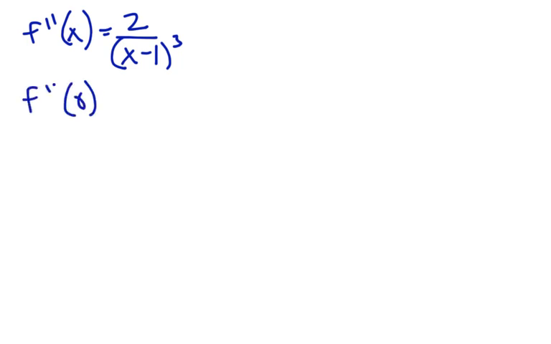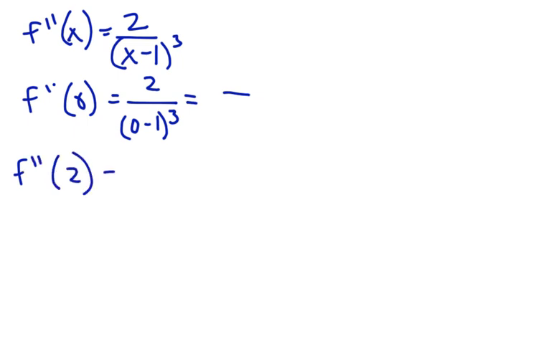So here's my second derivative, 2 over x minus 1 cubed, and I'm going to sub in my 0, which, again, I don't really care about the number itself, but that is going to come out to a negative. And then I want the second derivative at 2. And that's going to come out to a positive.